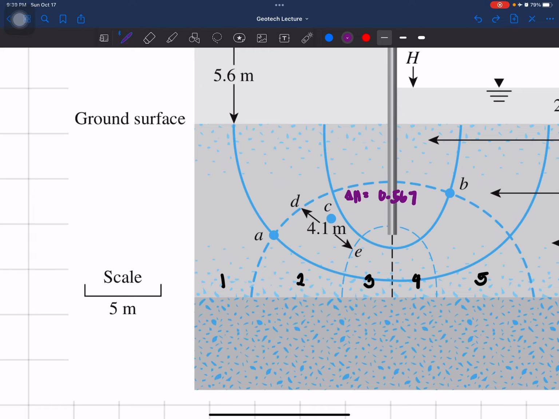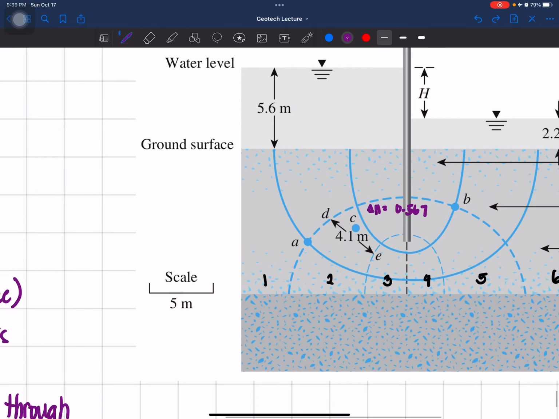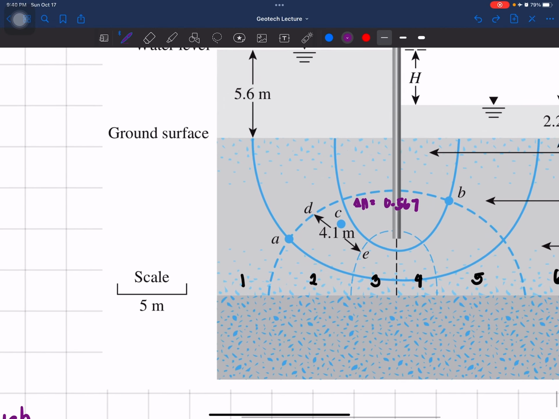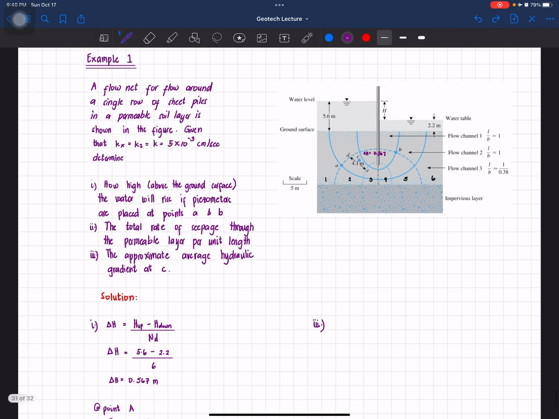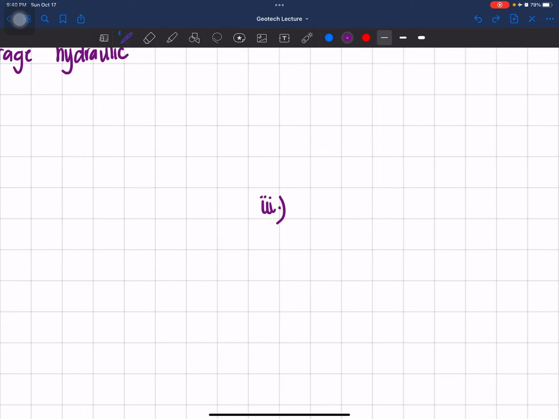Pero hydraulic gradient kasi yung tinatanong. It's not the decrease in the water elevation. Okay? So, ang tinatanong dito is yung hydraulic gradient. Okay. So, in this case, gawin natin is, yung I natin will now be equal to the head loss all over average length of flow.